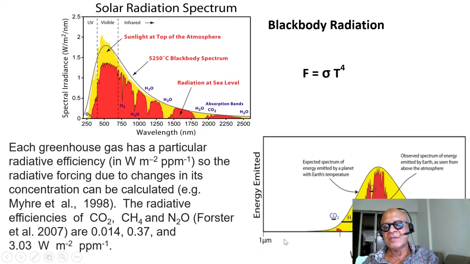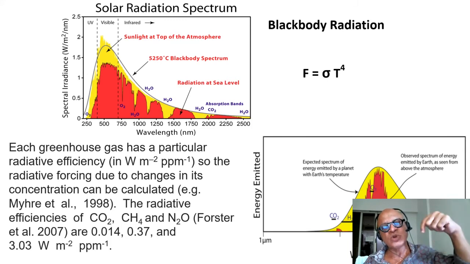It's in micrometers, not nanometers, and here the greenhouse gases do their work. So typically the triatomic molecules like CO2, H2O, and N2O, of course, there are also CH4 and HFCs and so on, are sensitive to the long wave photons.